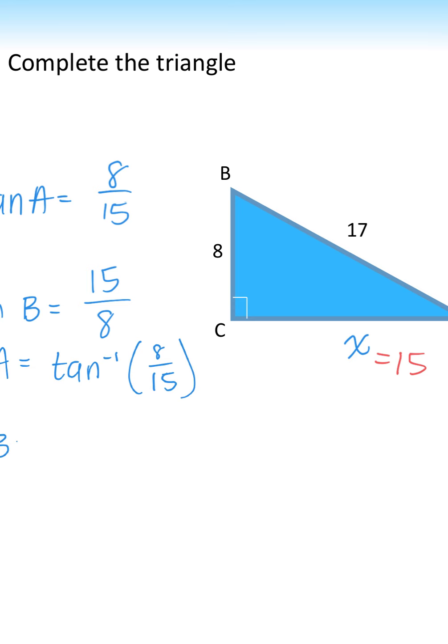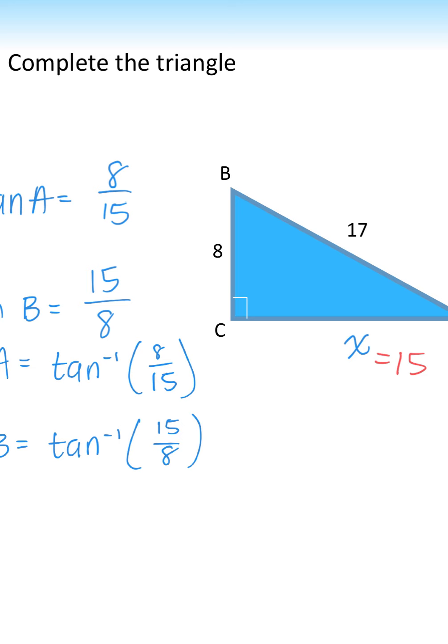And B is going to be the tangent inverse of 15 over 8. And A plus B should give me what? 90, okay? Let's check it out.